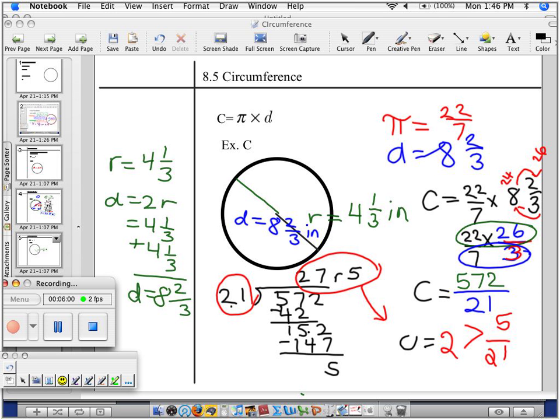I believe this was in inches. That's your final answer. It's rather ridiculously long, okay? But it's practice of multiplying fractions. You'll see it on your Friday quiz, yes.